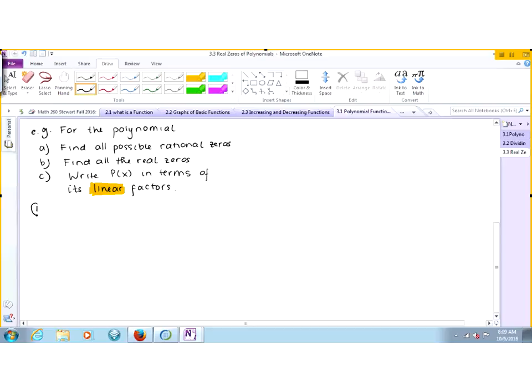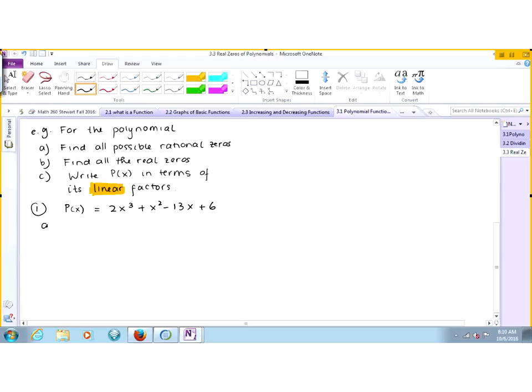All right. So this is my first one. So p of x is 2x cubed plus x squared minus 13x plus 6.